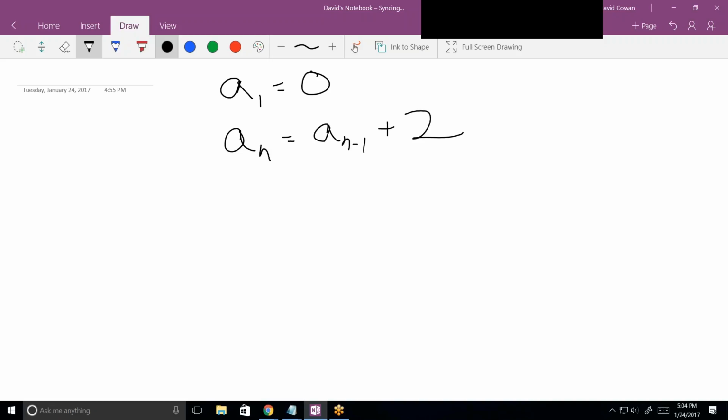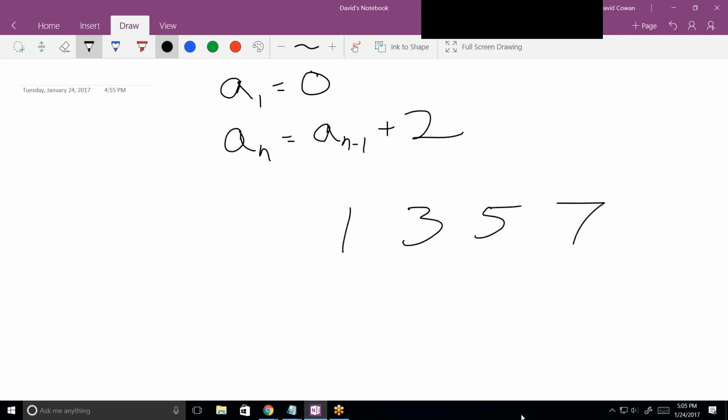That's recursively defined. What we're talking about here are arithmetic sequences only. You also have geometric sequences, and all kinds of sequences. Arithmetic sequences are special in that every single term is separated by the same amount.